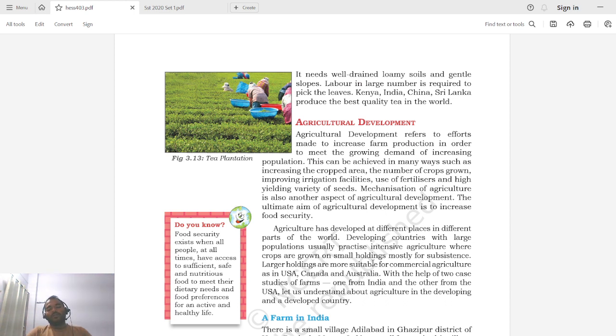So the grandson would be getting only 1/8 of the land his grandfather owned. So in this way, there is continuous distribution of farm among various people, and because of this the size of farm is continuously reduced in the Indian context.